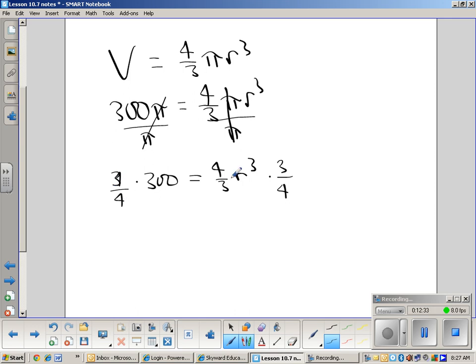When they're multiplying by a fraction to get rid of it, we multiply by the reciprocal. My 3's cancel, my 4's cancel. 4 goes into 300 75 times, and times 3, 75 times 3, that's 15, 22, 225. Yep.